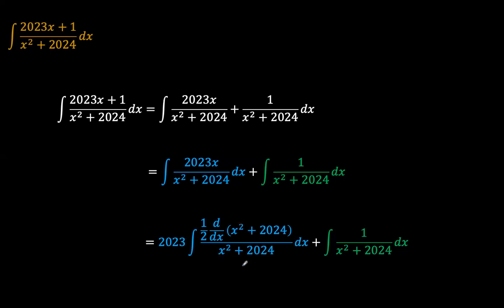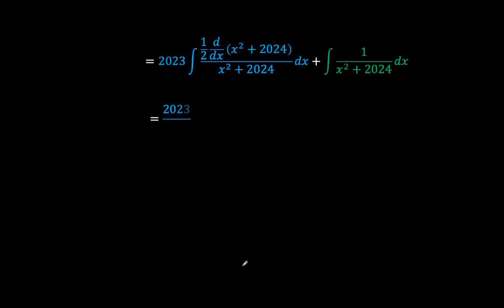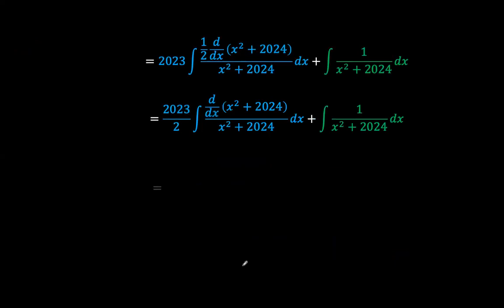So essentially, we can pull half out, and we have 2023 over 2 times the natural logarithm of x squared plus 2024 as the blue integral.